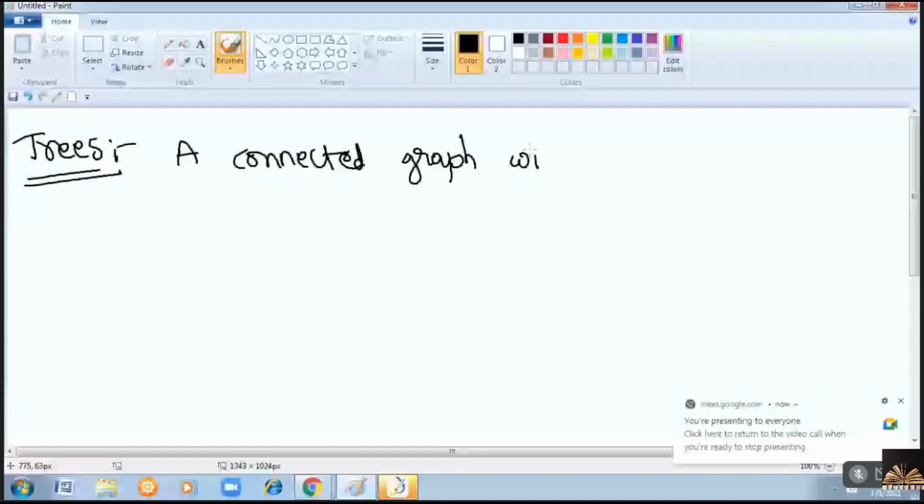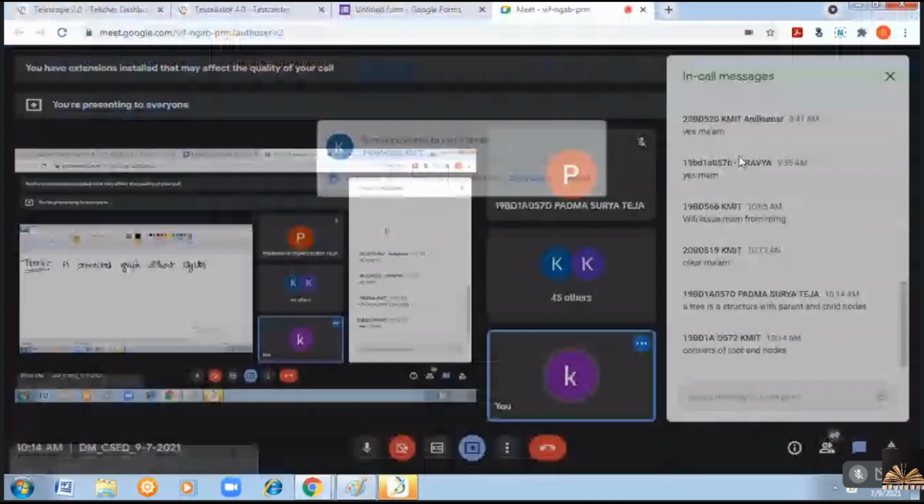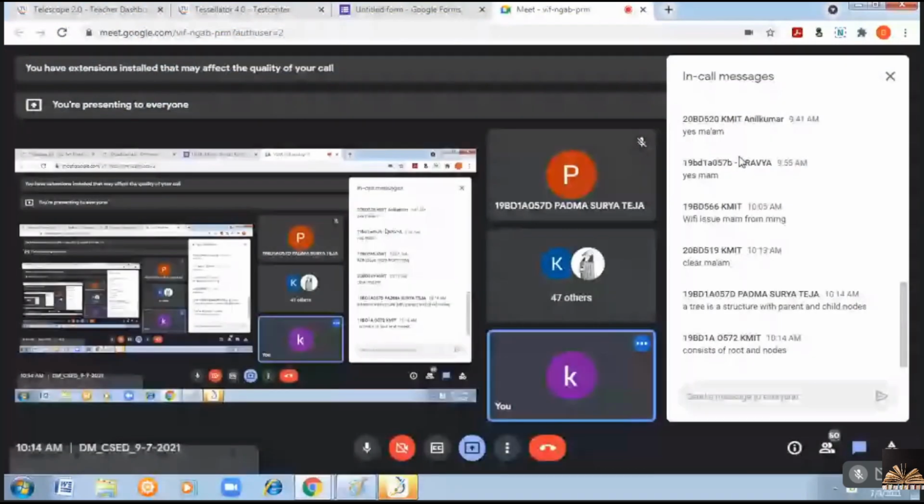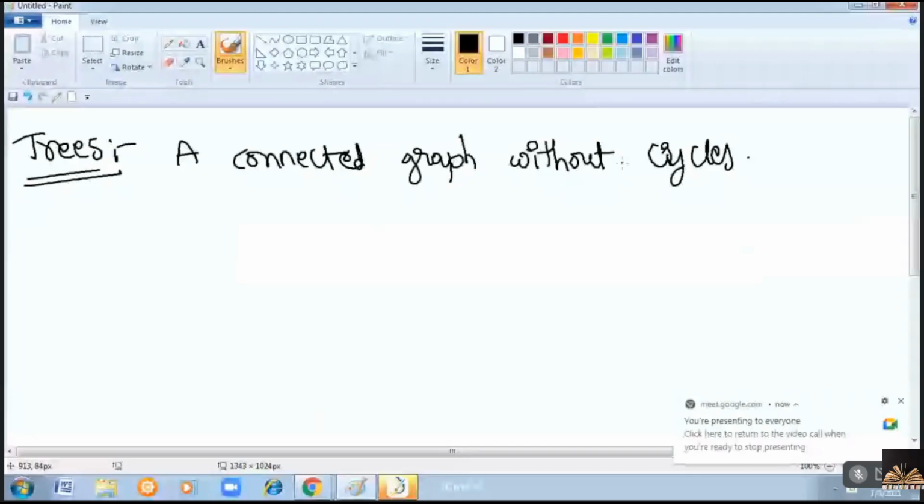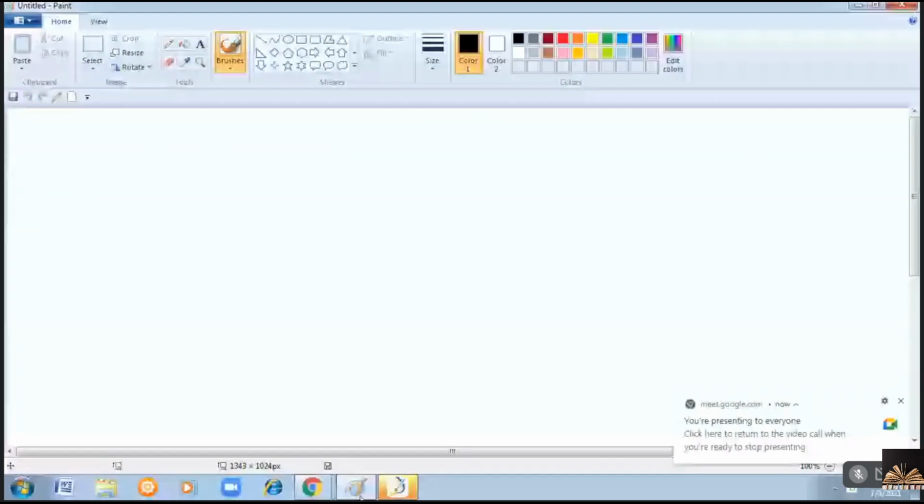You can say cycles. So in simple terms, a tree is a connected graph without any loops. Sorry, without any cycles. There should exist at least one vertex in a tree.